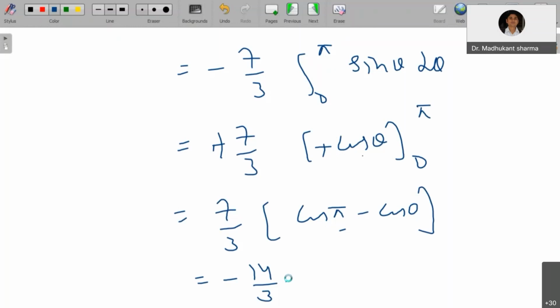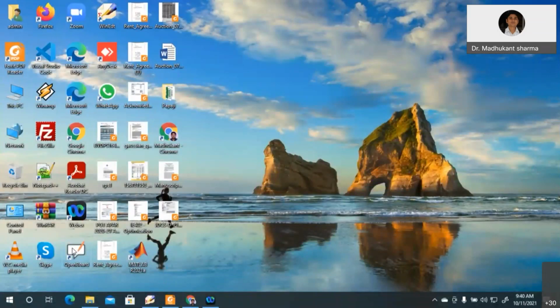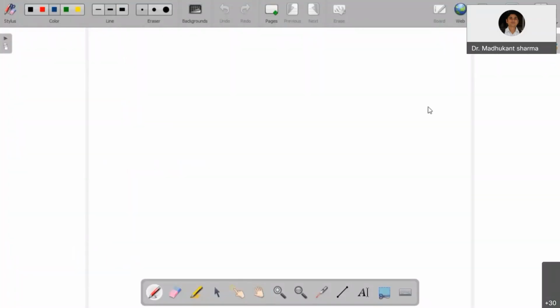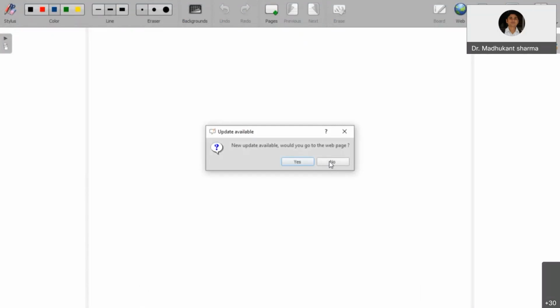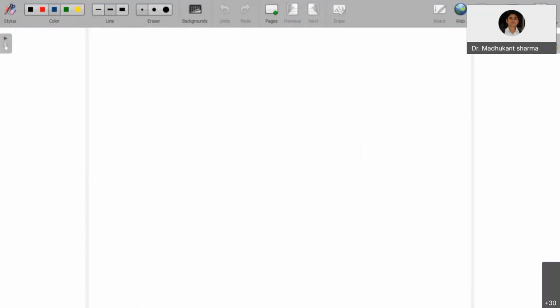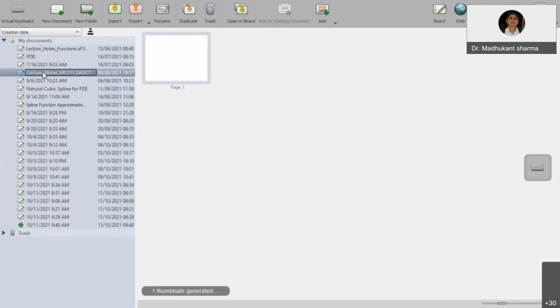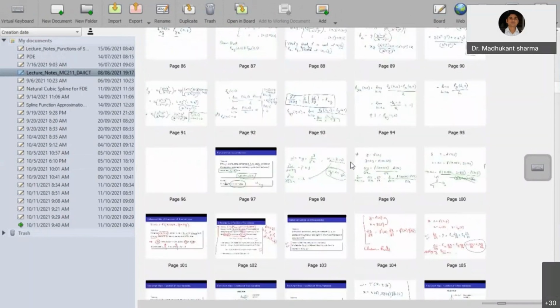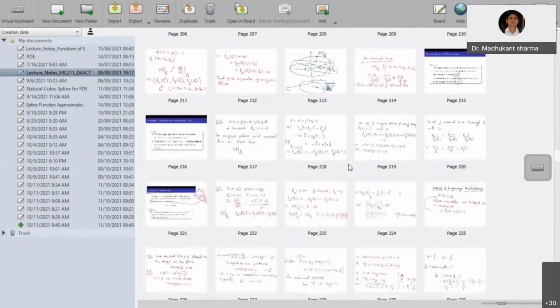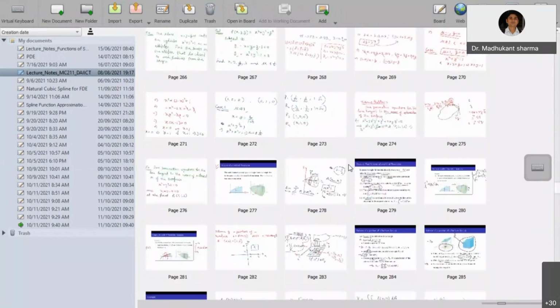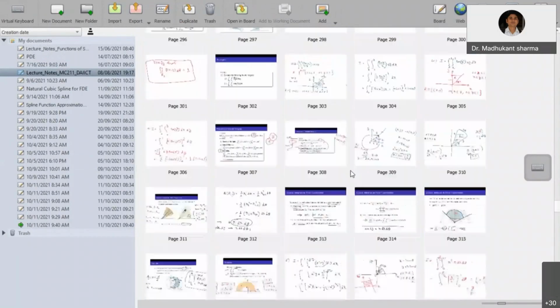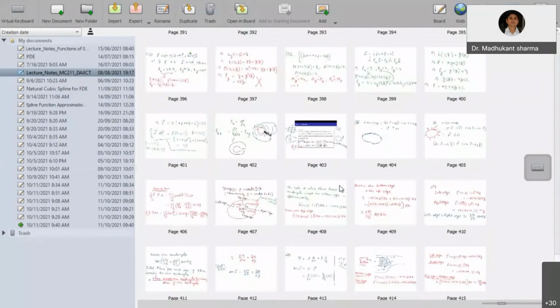Now, one note you can have is another way to find the area of the region bounded by the curve C. You have seen finding the area in terms of a double integral, right?